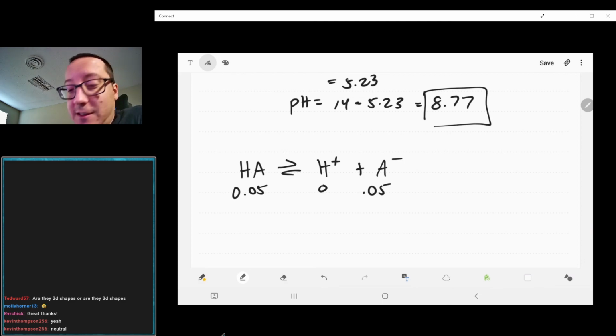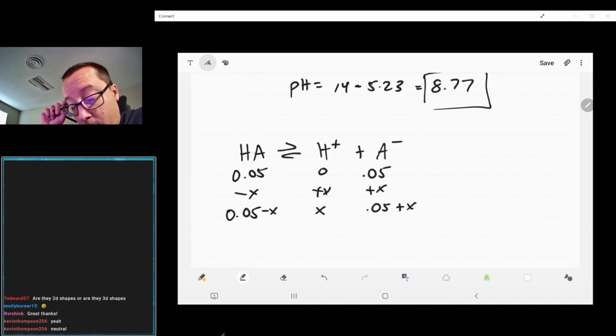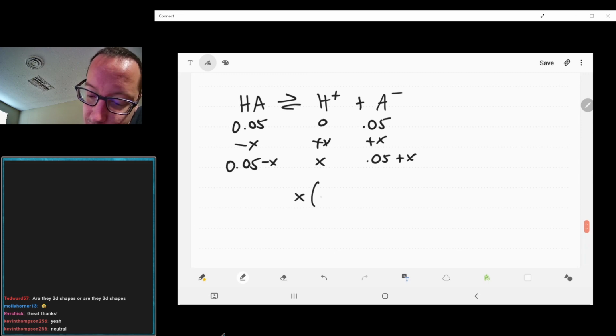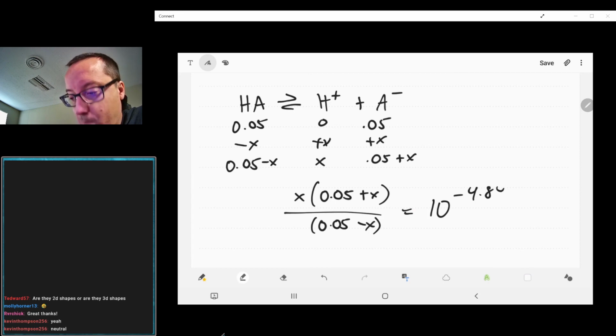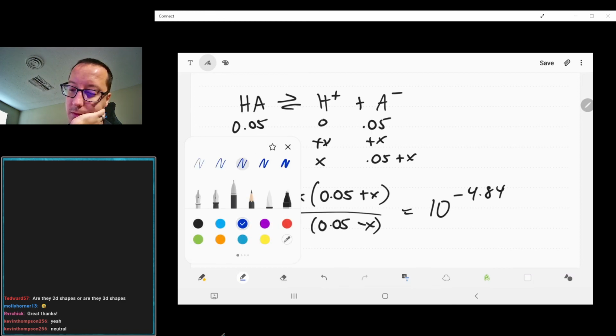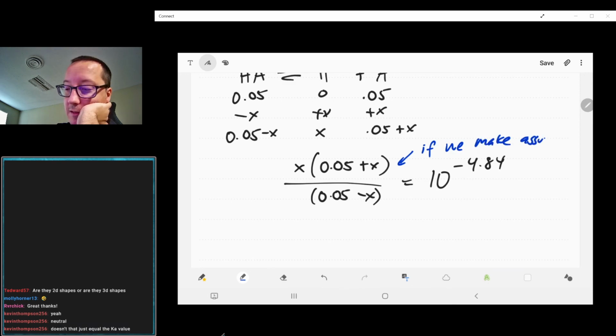If we had mixed these solutions, and if we assume that these are the same, if we make the assumption exactly, that means that x will be your Ka.